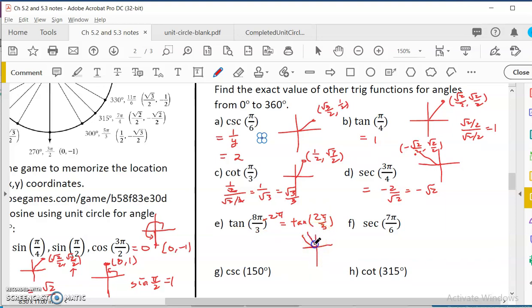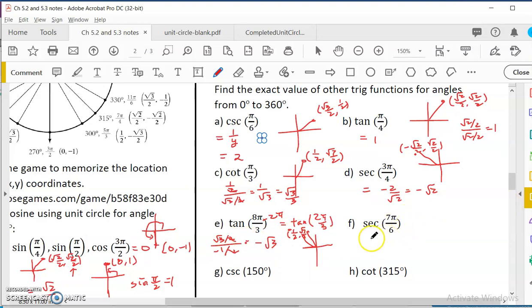Oh, it's a higher one here. And the coordinate is 1/2, root 3 over 2. Oh no, it's not, it's negative 1/2, root 3 over 2. Tangent is y over x. So it's root 3 over 2 over negative 1 over 2. Over 2 and over 2 cancel. It's just negative root 3.